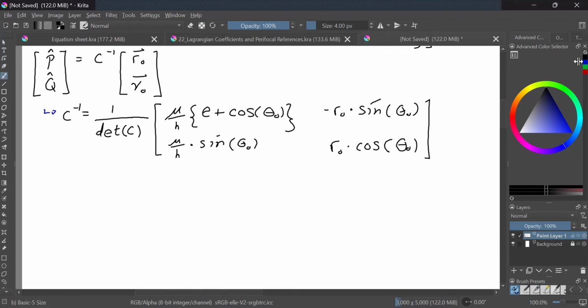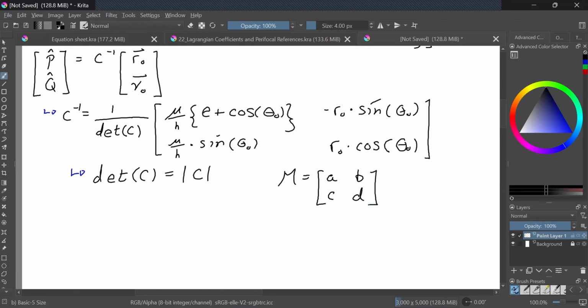And again, just as a refresher for anyone who hasn't taken linear algebra yet, or if you have, but it's been a little bit, the determinant of a matrix, which I will be writing as line matrix line, is, well, to give a smaller example, if we have our matrix M as A, B, C, D, the determinant of M is not a matrix, but a scalar.